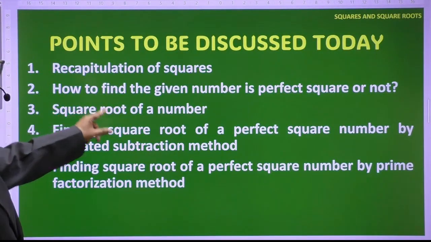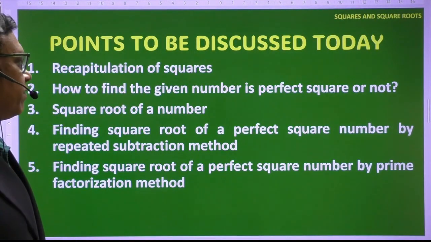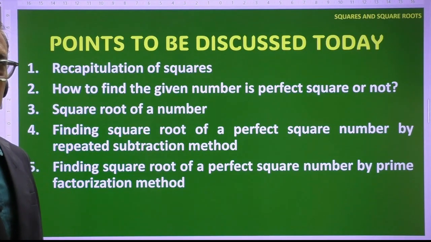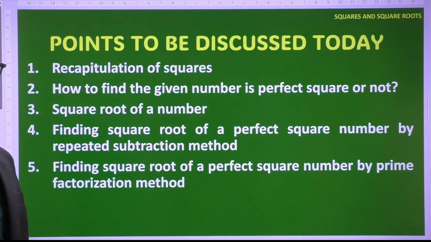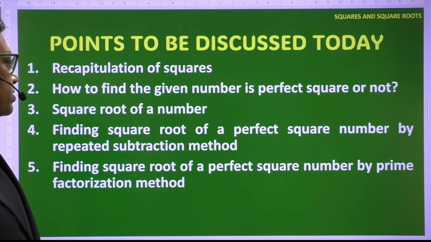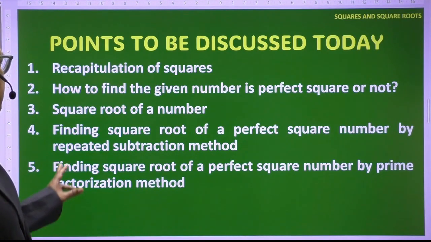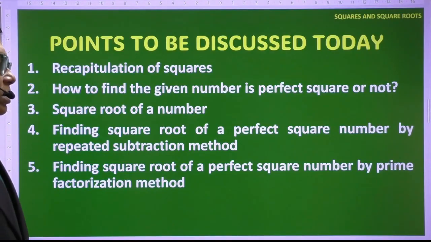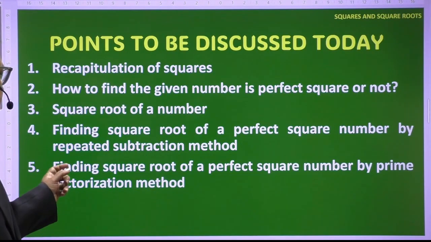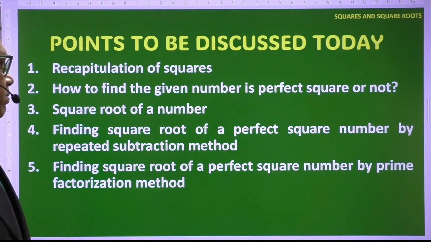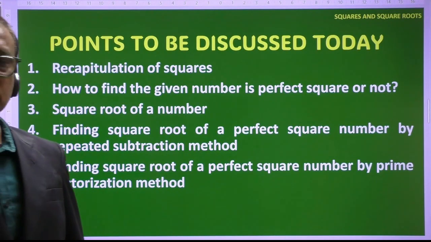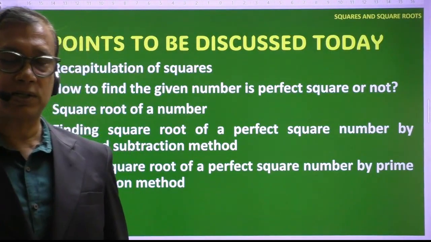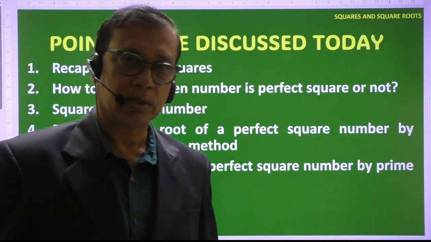Second point is how to find whether the given number is a perfect square or not. Third point, square root of a number. Fourth point, finding the square root of a perfect square number by the repeated subtraction method. And fifth point, finding the square root of a perfect square number by the prime factorization method. So these 5 points one by one I will discuss now. Is it clear?